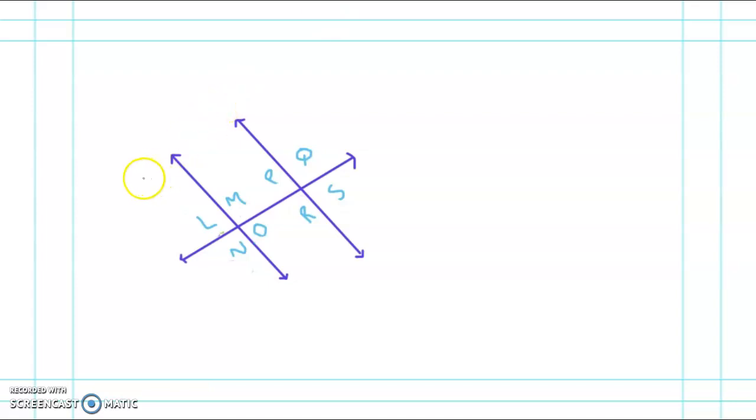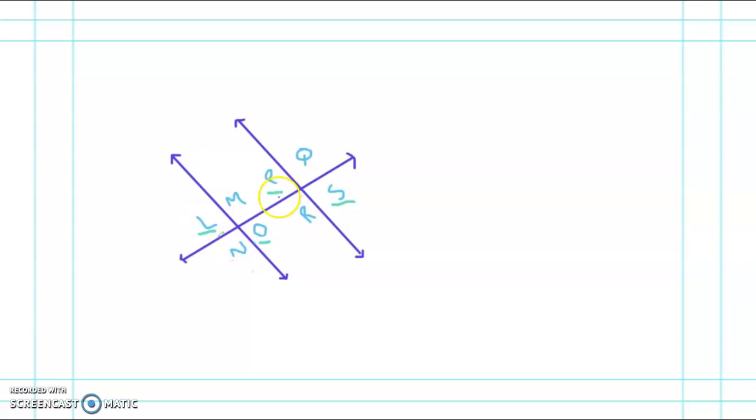So now we're looking at angle L here, and angle S. These are examples of alternate exterior angles because they are alternating angles located outside of the parallel lines. Angle O and angle P are examples of alternate interior angles.